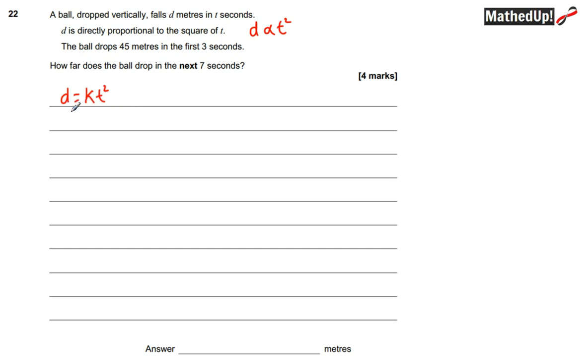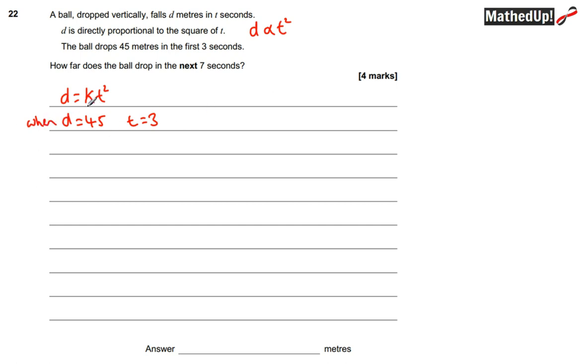Okay, so because I know this relationship now, and I also know that the ball drops 45 meters in 3 seconds, or in other words, when the distance is equal to 45, the time is equal to 3 seconds. So when d is equal to 45, t is equal to 3.